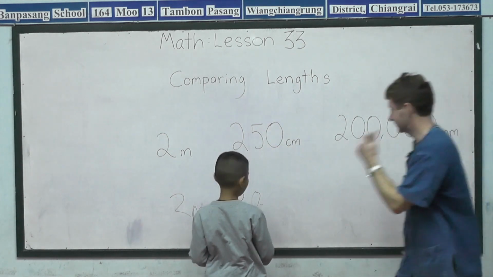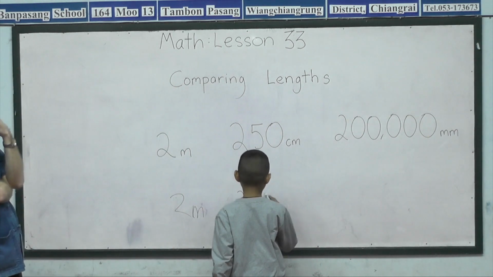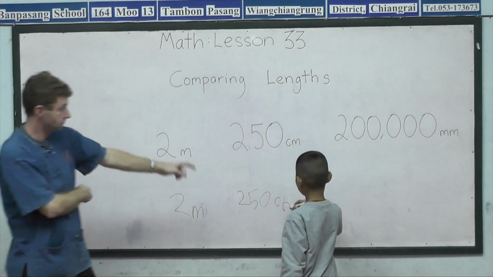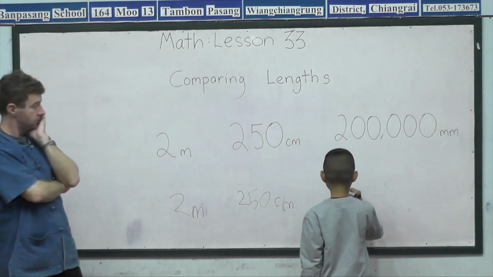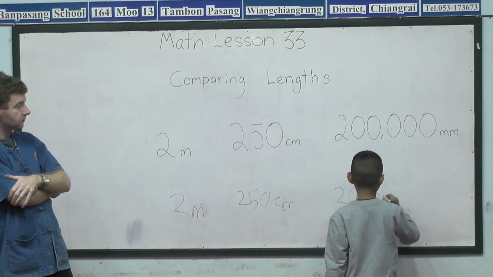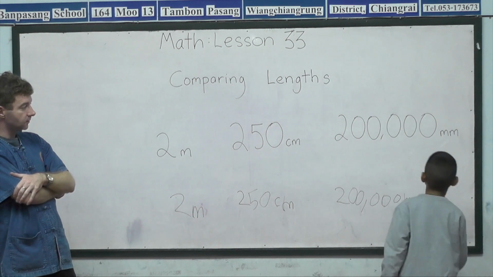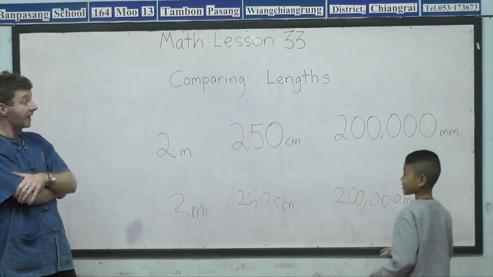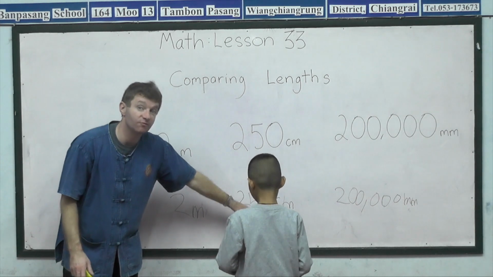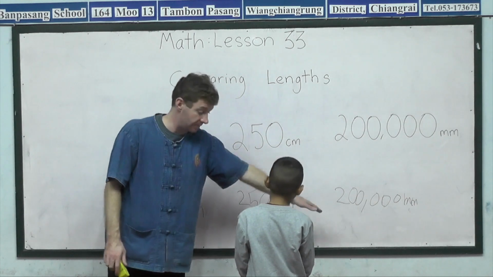So, this one. I'll get the rubber for you. Excellent. Excellent. So we have 2 meters, 250 centimeters, 200,000 millimeters.